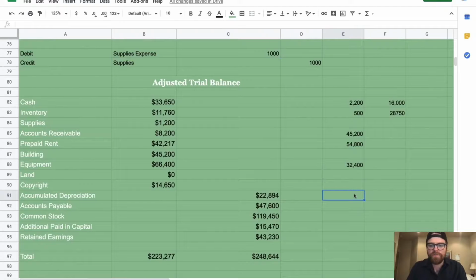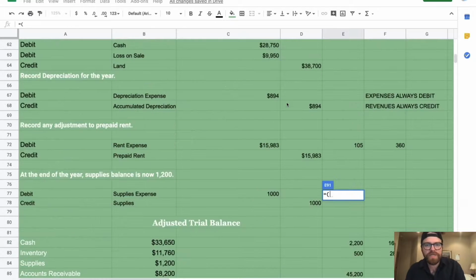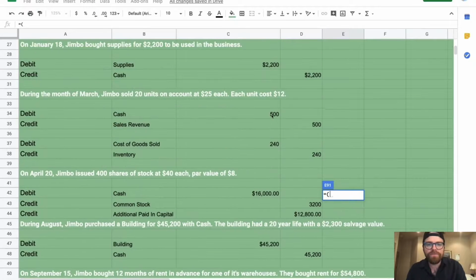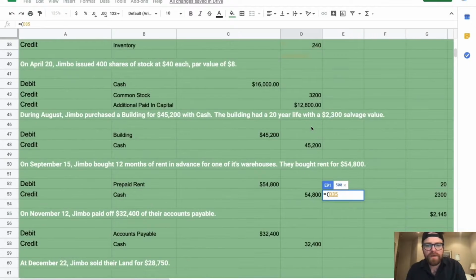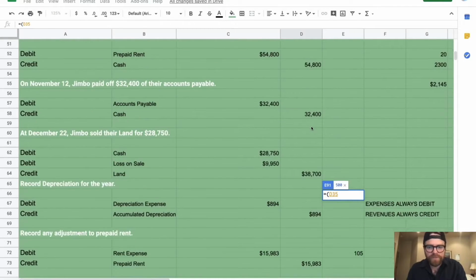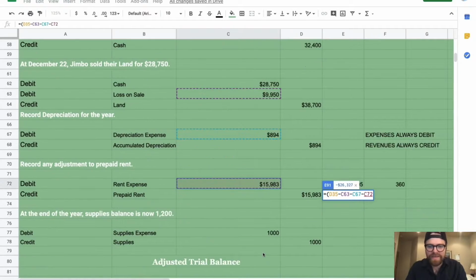We're going to do equals, and we'll just get our income basically. So we'll start with our revenue of 500 here. Then we're going to go ahead and subtract out this loss, subtract our depreciation expense, subtract our rent expense, and subtract our supplies expense.